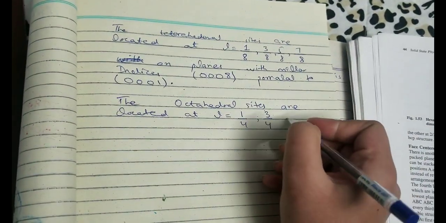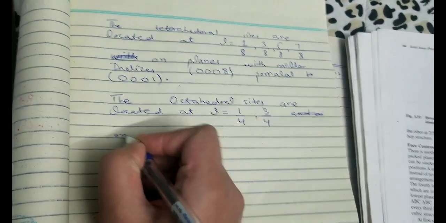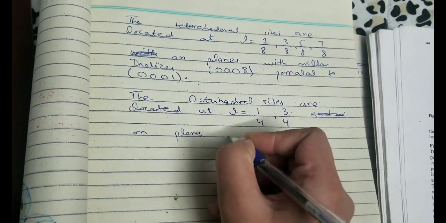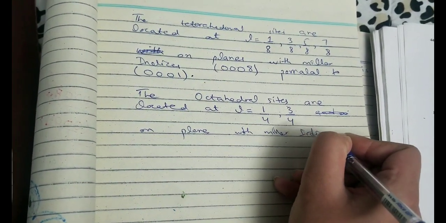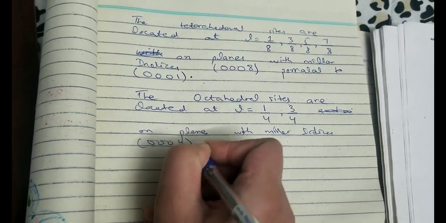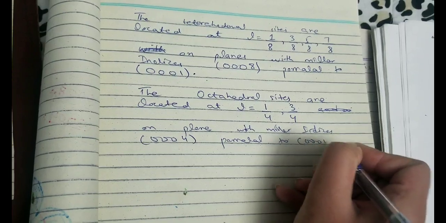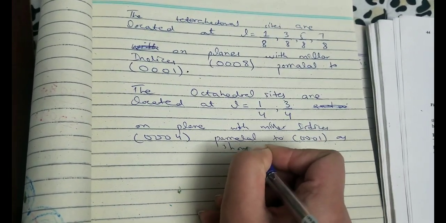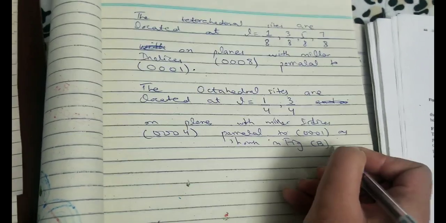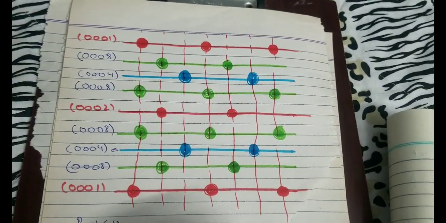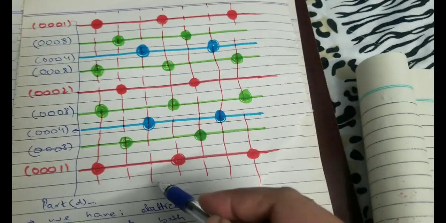And on planes with Miller indices 0004, parallel to, as shown in figure, let's say B. And you have to draw this figure again with these planes represented with them.